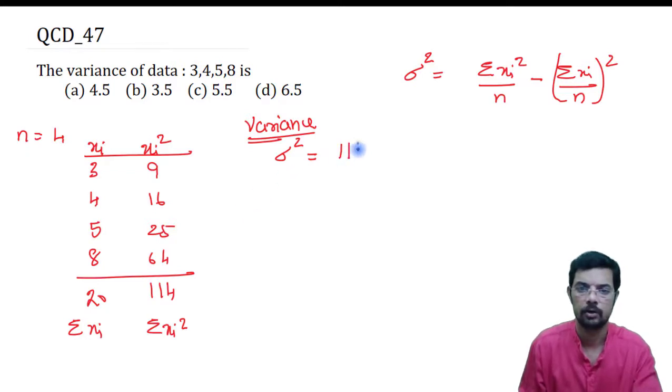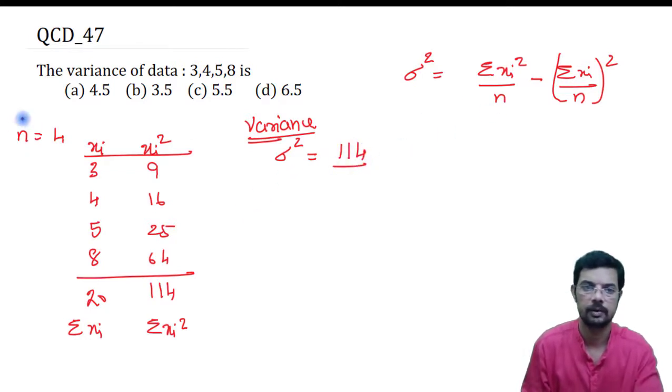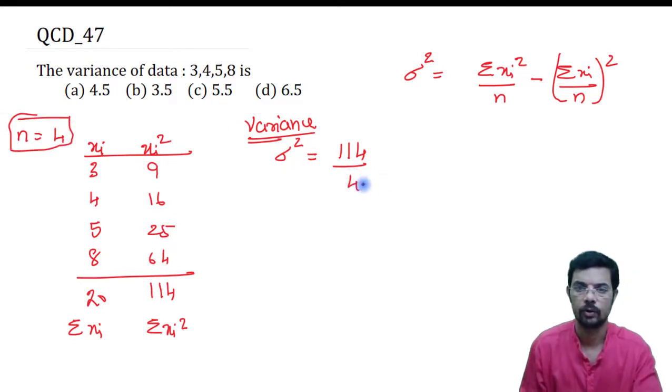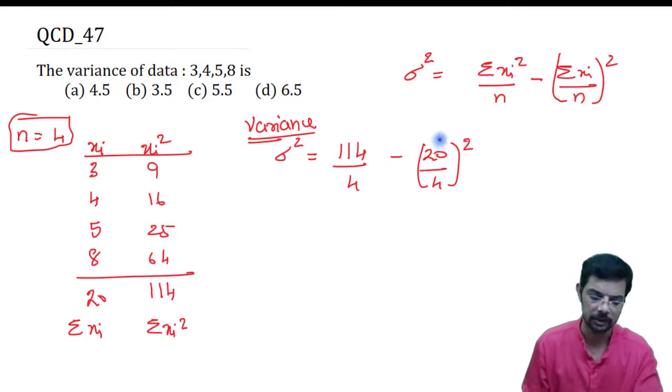So it is 114 divided by n, where n is equal to 4, minus sigma xi by n. Sigma xi is equal to 20, divided by n, where n is equal to 4 again. So the square of this value will be like this.